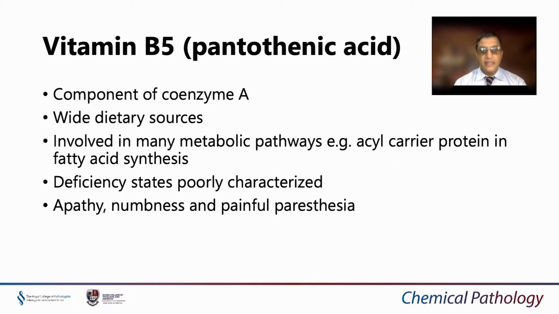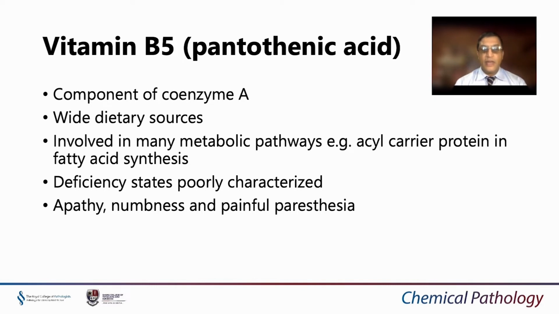Pantothenic acid is the B5 vitamin and a component of the coenzyme A complex. It is available widely from the diet, and it is involved in many metabolic pathways, in particular the production of fatty acids.